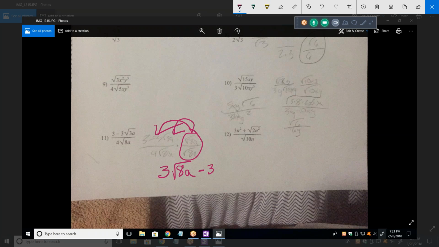Let's go ahead and work from left to right. There's this 3 right here. Let's put it in there first. And now 8a times that is 24a. You don't have to simplify right away. You can always wait to the end to simplify.